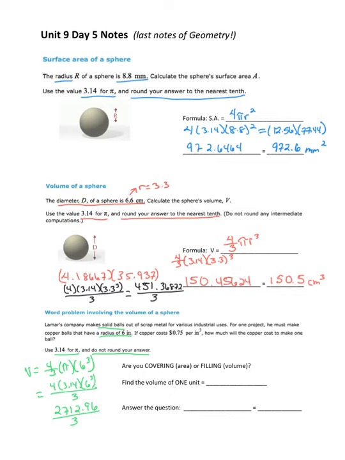So the volume of 1 unit is 904.32 inches cubed. So take that. I need to know how much the copper costs. 904.32 times 0.75 is $678.24. Because that is one humongous piece of copper.